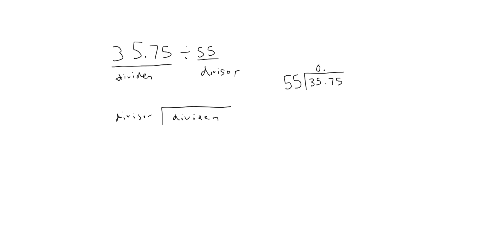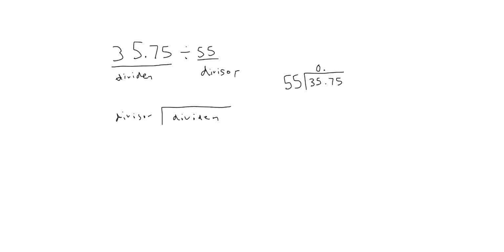Now, we need to ask ourselves, how many times can 55 go into 357? 55 cannot go into 35, so we need to ask how many times 55 can go into 357.